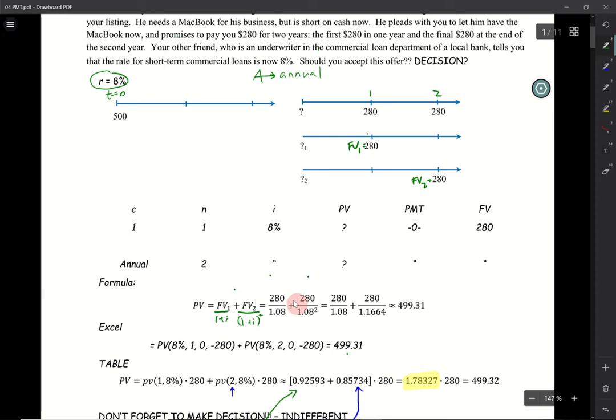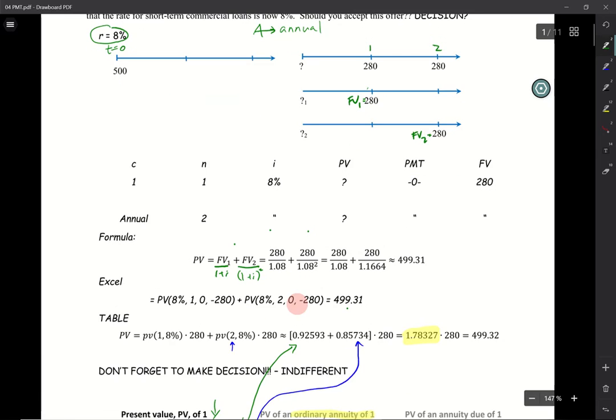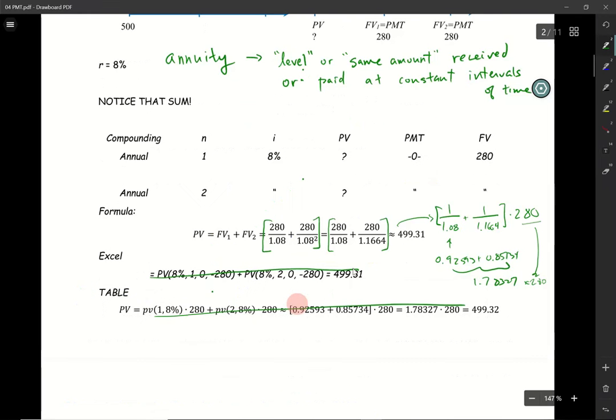But this is math, right? And in math, if you see a factor, you're allowed to pull it out. You're allowed to factor it out, right? So then basically we do the addition first, right? And we get this number. And then we do one multiplication at the end.